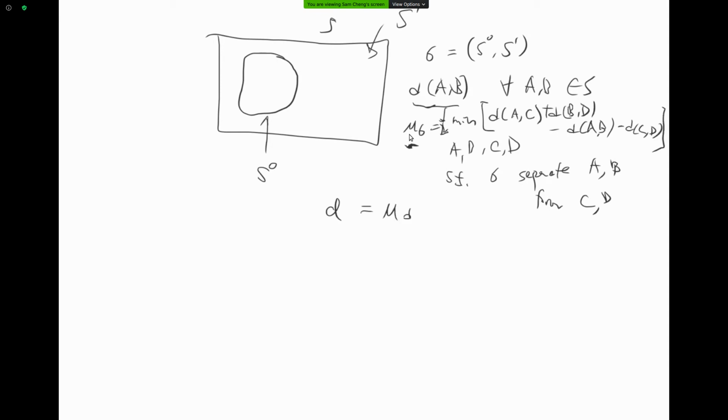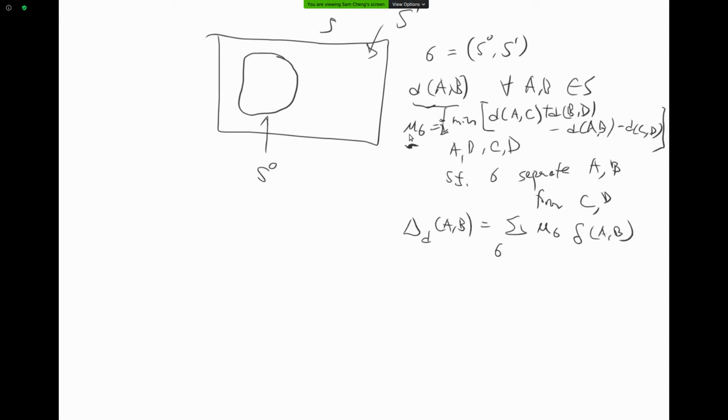Sorry, I need to be careful. I have this mu sigma here, but remember the additive tree metric is given by this delta. I can put a D here to indicate that it is derived from this distance metric D, and delta D(A,B) is again given by the sum over all sigma of mu sigma times delta sigma AB.